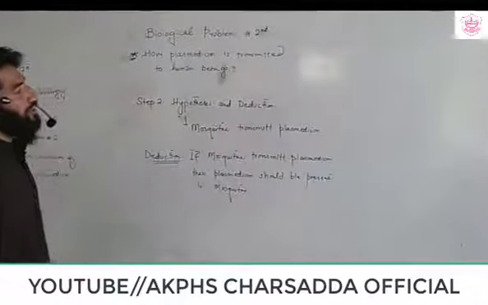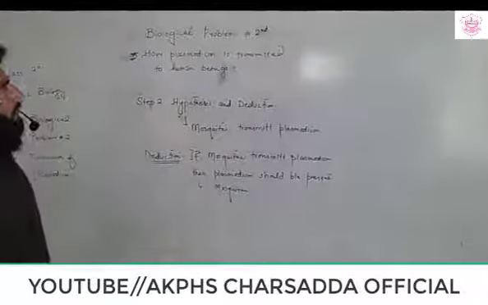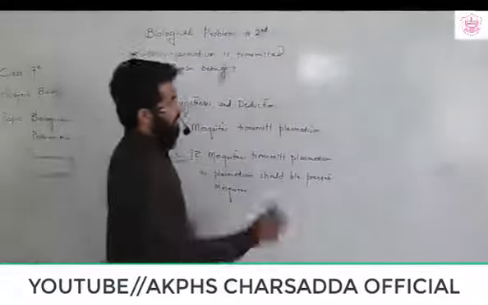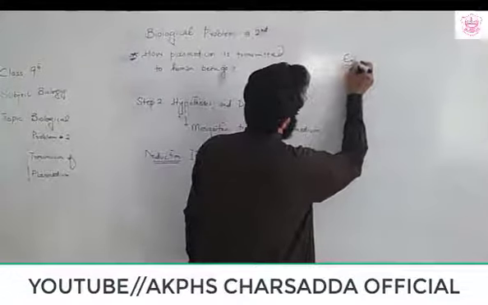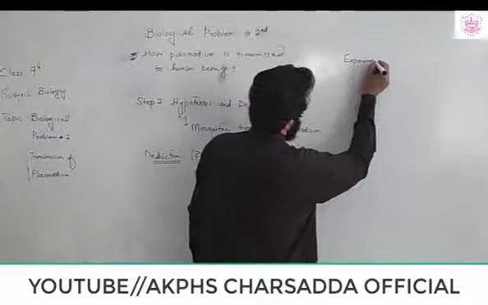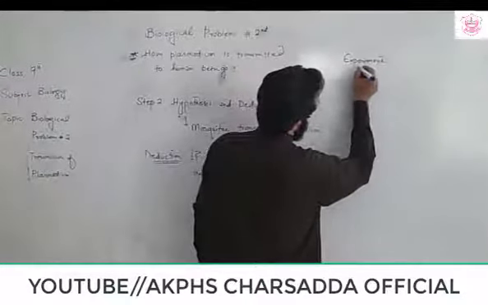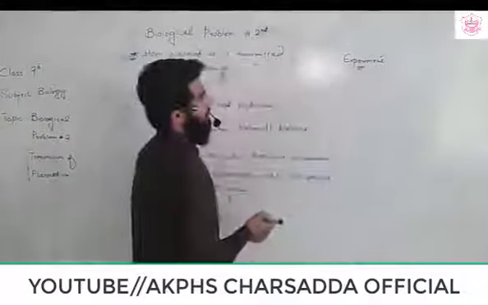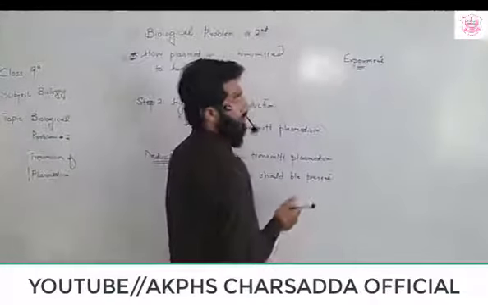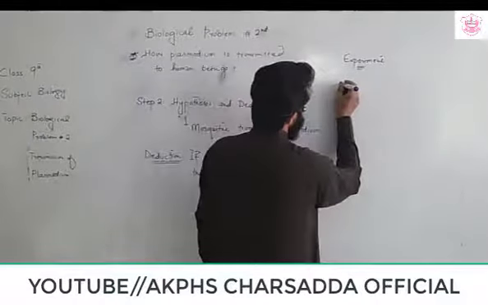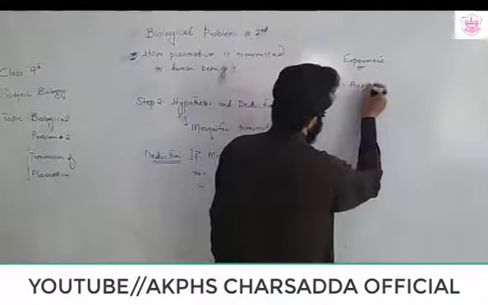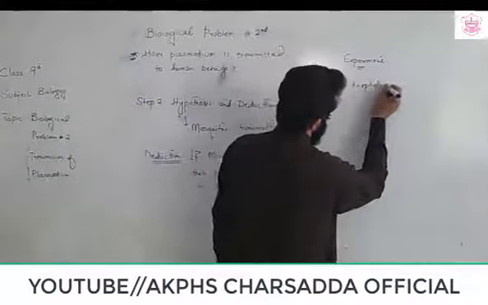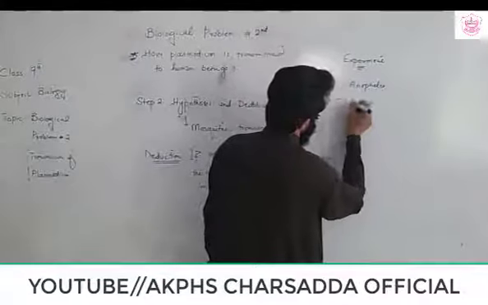Coming toward the most important step of the second problem, that is experiment. Before going to the experiment which was conducted by Ronald Ross, first let us differentiate Culex and Anopheles. What is Anopheles and what is Culex?